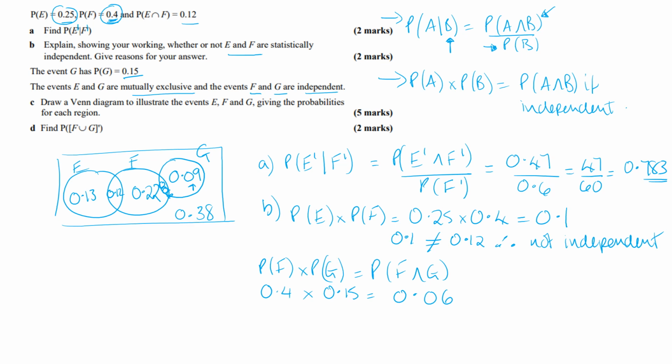Now our diagram still adds up to 1, and we've drawn for part C the G included onto the diagram, and now we just need to do part D, find the probability of F union G, and then we've got a dash.